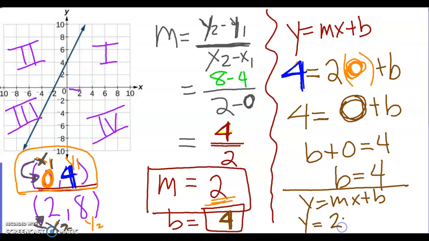That's 2x plus 4. So the equation for this line right here that I'm going over in brown is going to be y is equal to 2x plus 4. I proved to myself because I saw on this chart that I knew that the y-intercept was 4. I just proved it to myself using math.